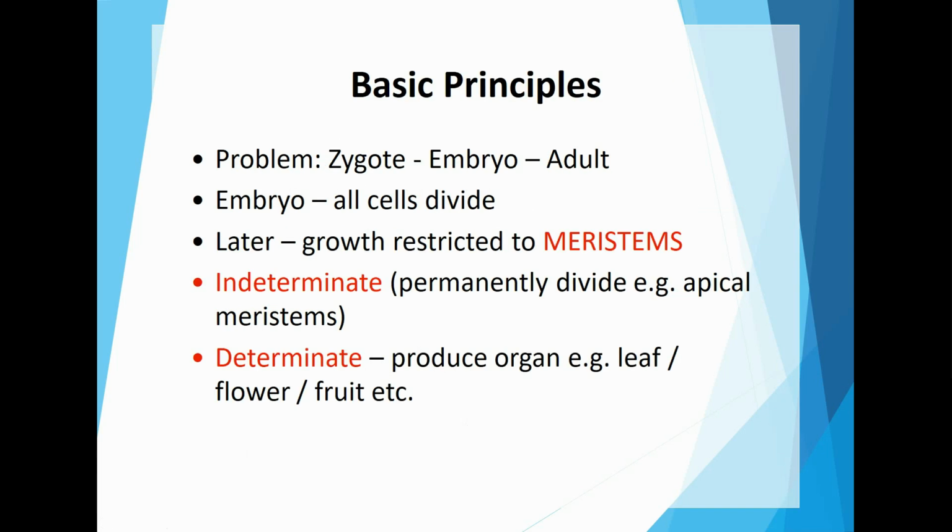So here we go, basic principles. Remember, I've mentioned we've got three phases: embryogenesis, vegetative, and reproductive. We need to understand this idea of a zygote to embryo to adult. We start off with a zygote, then an embryo, and then an adult. We need to understand that embryogenesis. Remember, in the embryo all sides divide, and then later we're going to get our meristems.